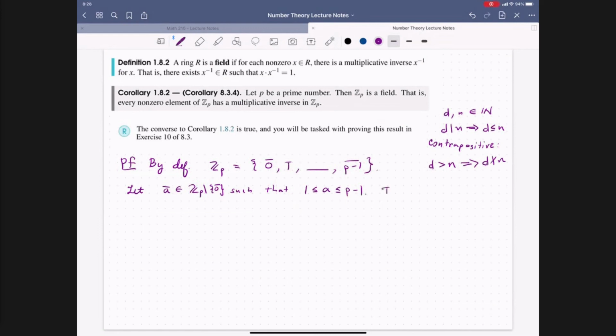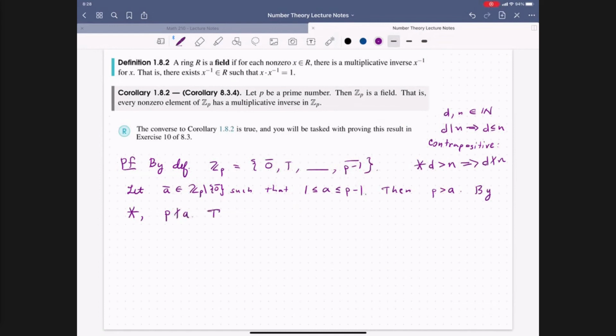Then we have that p is greater than a. And now by the contrapositive, so this statement over here, we have that p does not divide a.